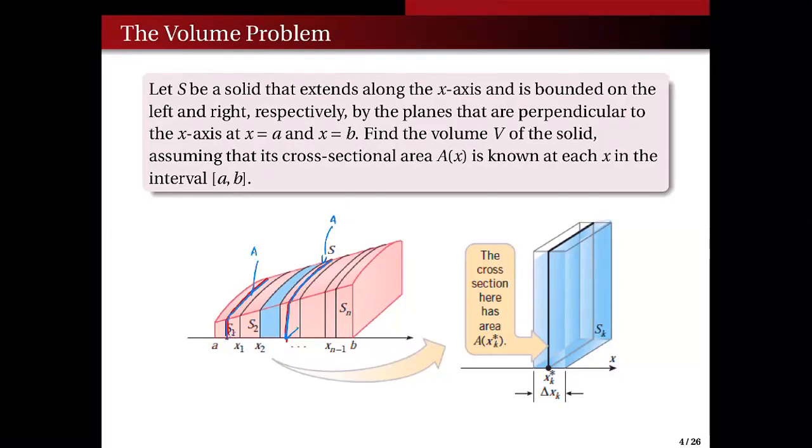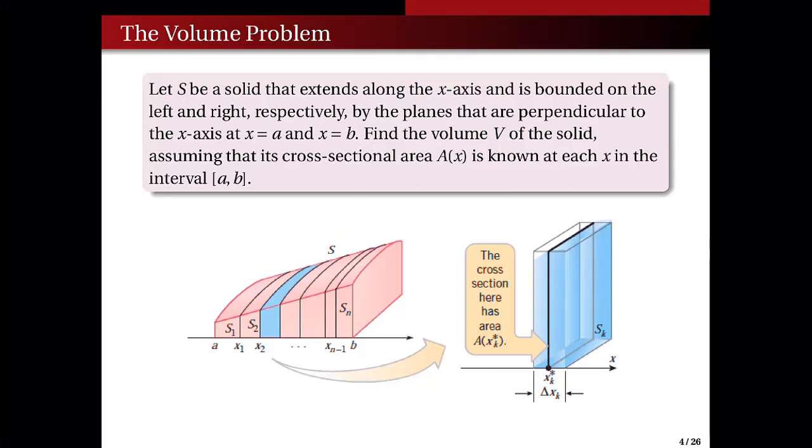Now, as you can see in this illustration here, we will divide the interval [a, b] into n subintervals, very much similar to what we were doing before. Then you pick this blue guy here.